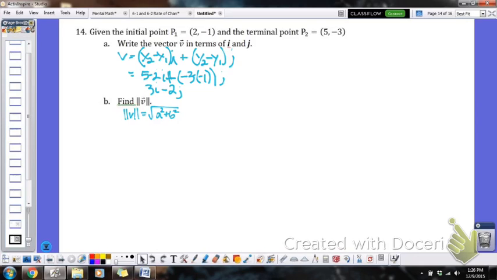So the square root of 3 squared plus negative 2 squared, so the square root of 9 plus 4, which is equal to the square root of 13. So the magnitude of vector v is equal to root 13.